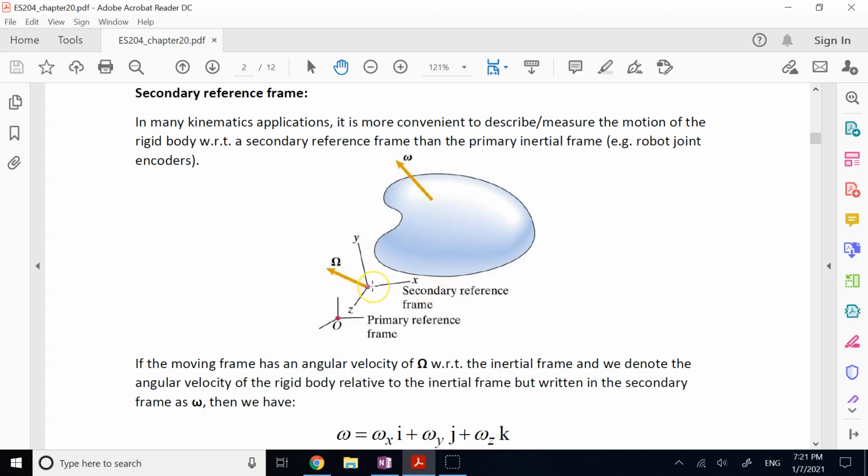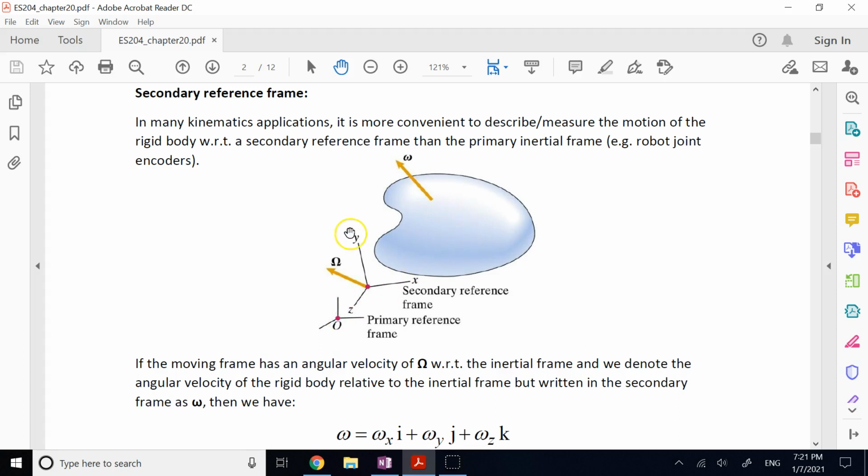Why should you write it that way? Because this serves as the reference for measurement. And then you might say, well, can't I say this omega is also with respect to the secondary frame? You can, but in this derivation, this omega is not rigid body with respect to secondary, it's directly rigid body with respect to the primary, which is basically what we need to find at the end of the day.